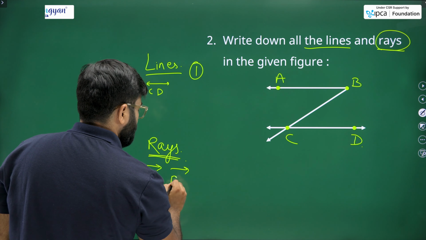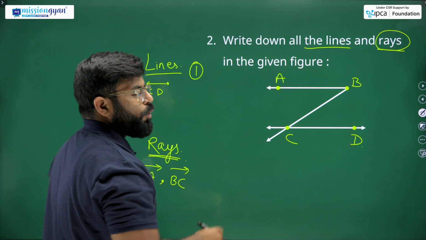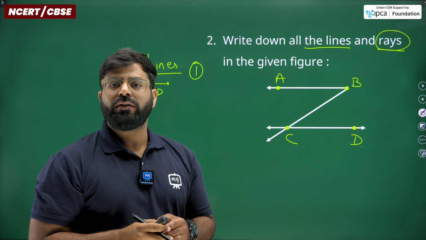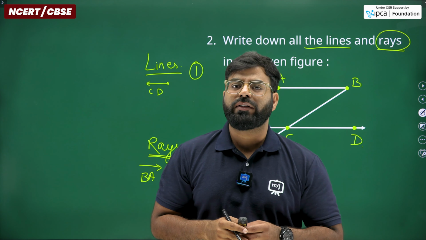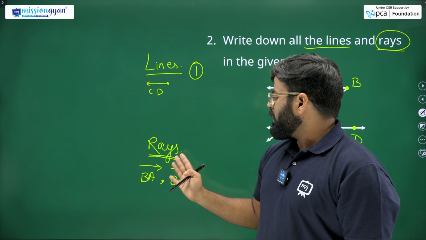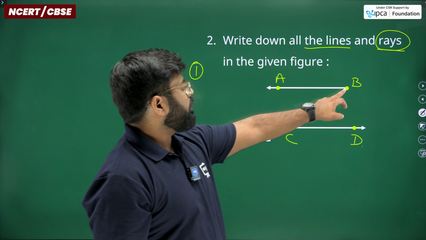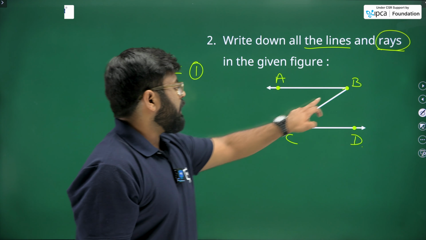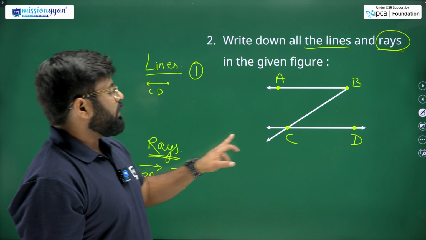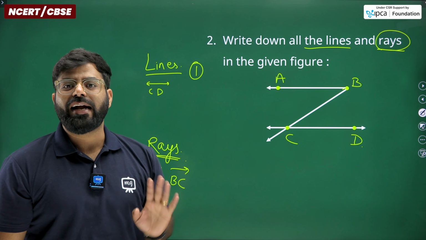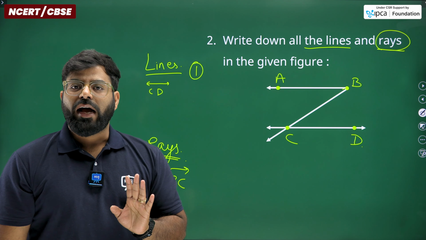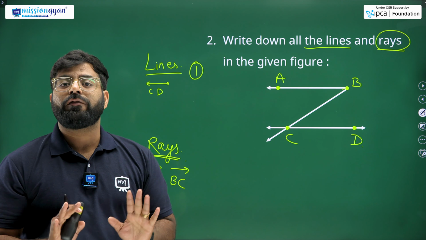Because it is moving endlessly towards point C. So we have two rays, ray BA and ray BC, and you can see on the screen this is ray BA, this is ray BC, and the line is CD, that is this one. Is that clear? I hope you have got everything.